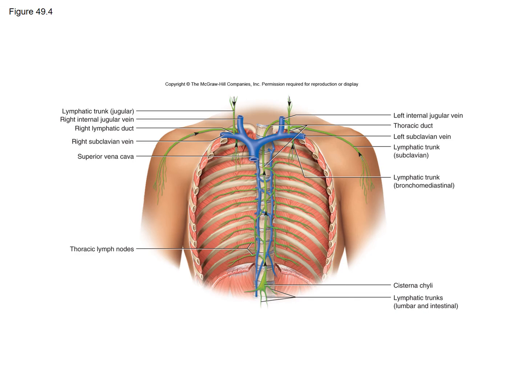Again, this will be the lymphatic trunk, the jugular one, and this will be the right internal jugular vein, and this will be the right subclavian. This will be the left internal jugular vein, and this will be the left subclavian vein. Both go to the superior vena cava, the biggest vein, and the right atrium.